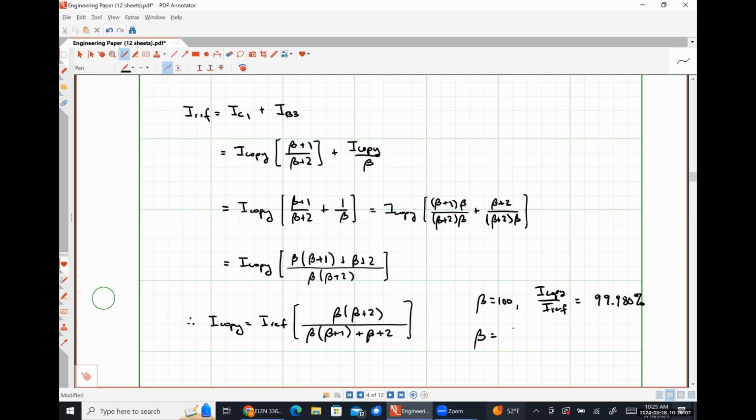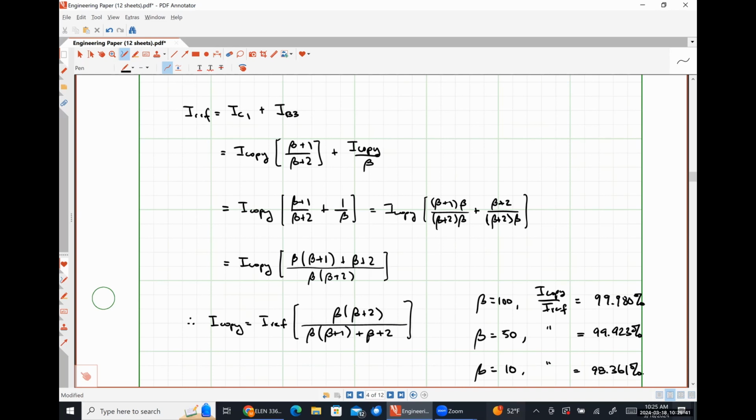For beta equal to 50, that same ratio comes out to 99.923%. For beta equal to 10, which would be a garbage transistor, that ratio comes out to be 98.361%.